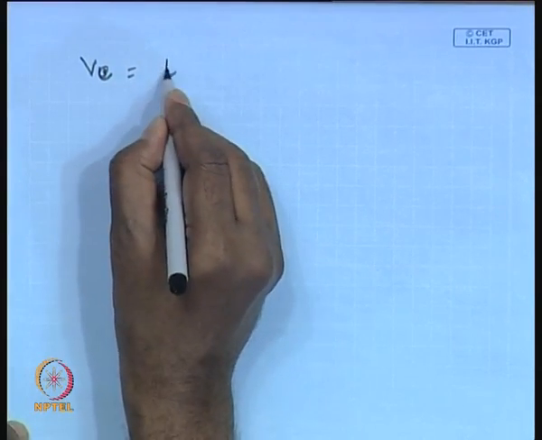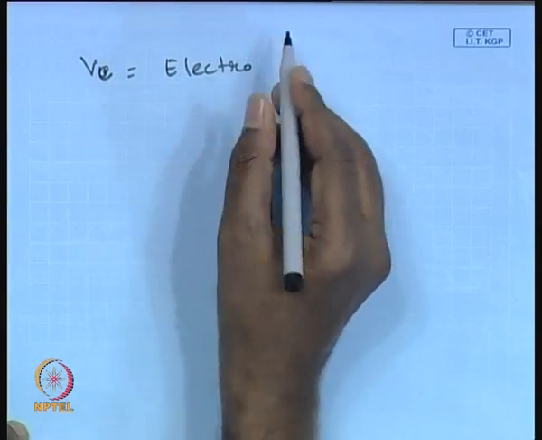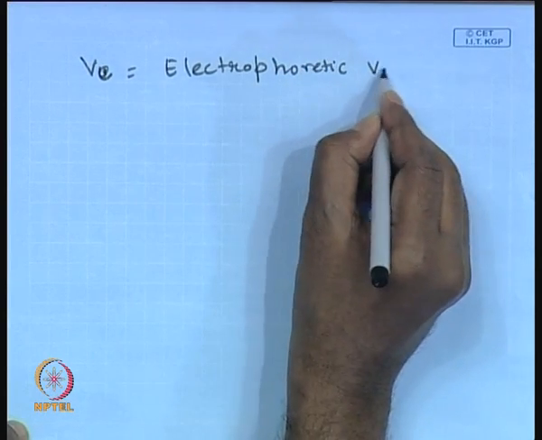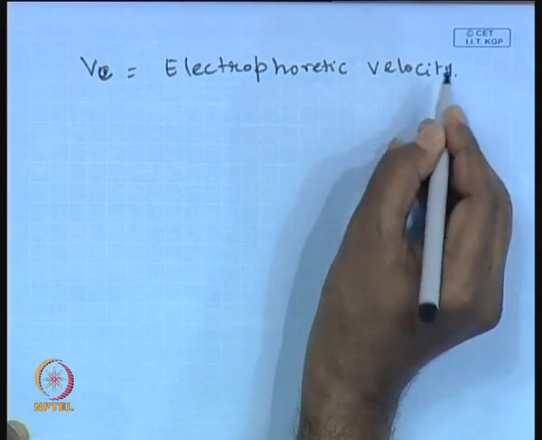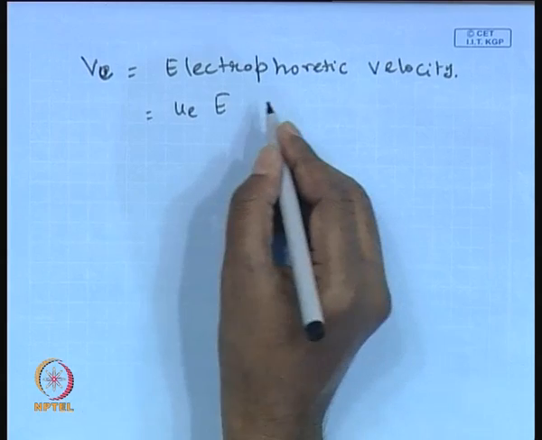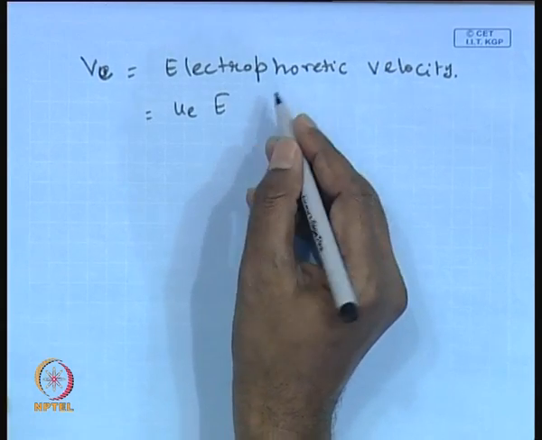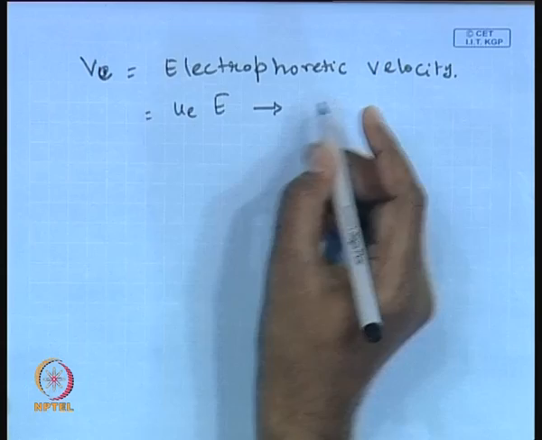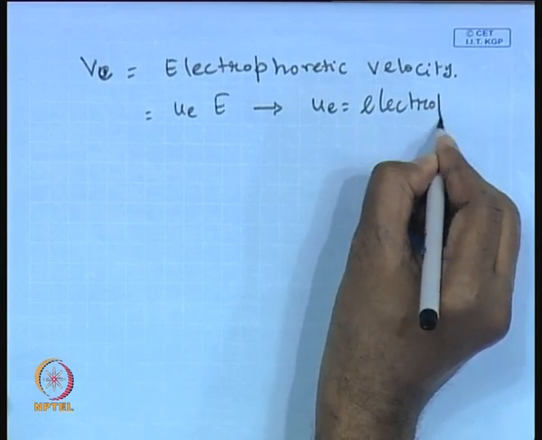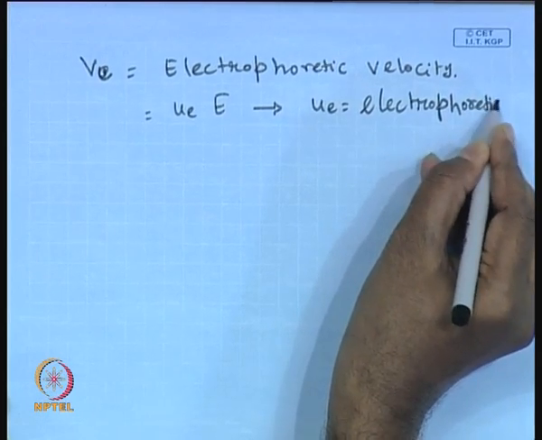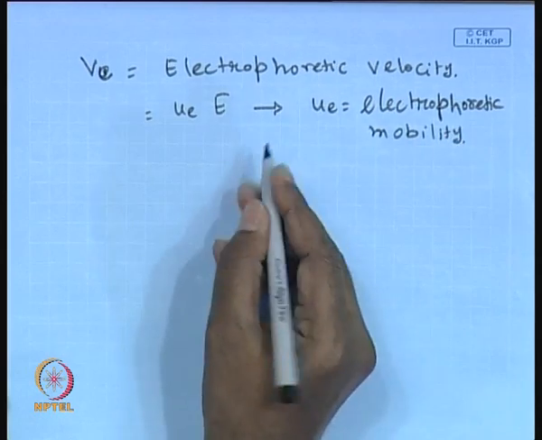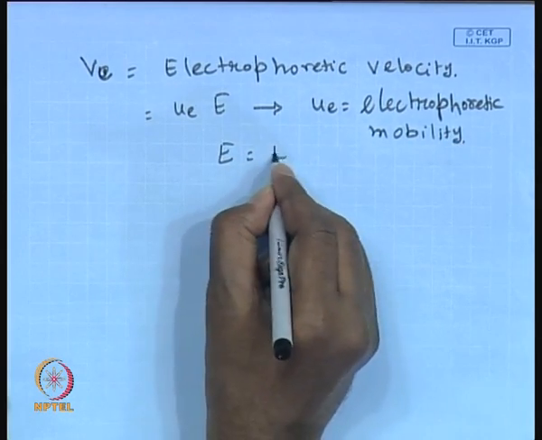V e becomes u e times E, where u e is the electrophoretic mobility and E is the electric field strength.